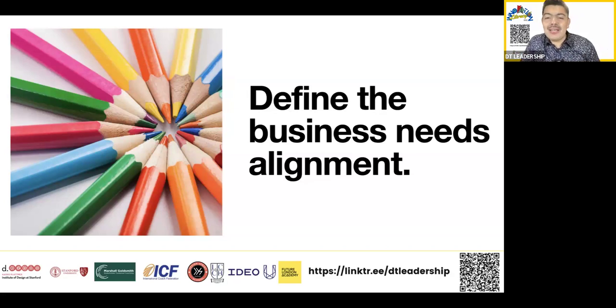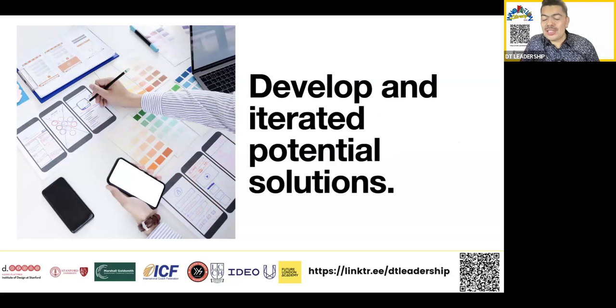And then you develop and iterate potential solutions. So here you develop some wireframing, mock-ups, paper prototypes to try out a variety of potential solutions so that you can get a bit more feedback and then validate. Not validate the solution yet, you validate the problem. This problem is validated because the solution is a need, it solves real issues, right?